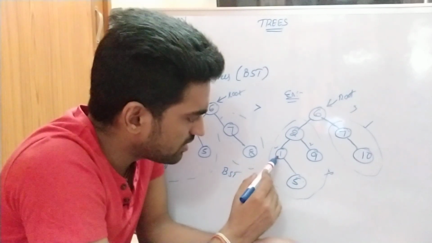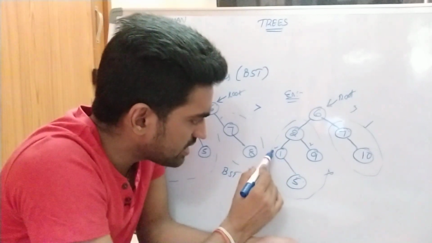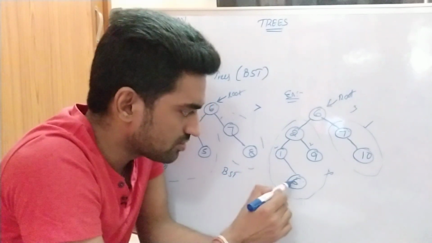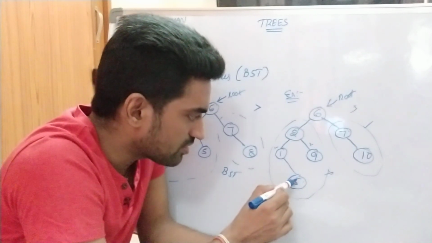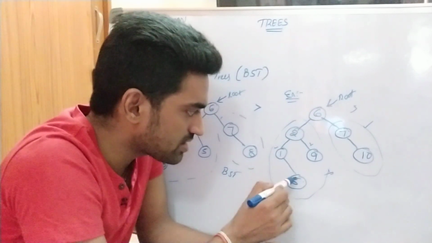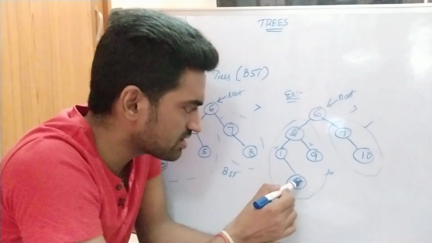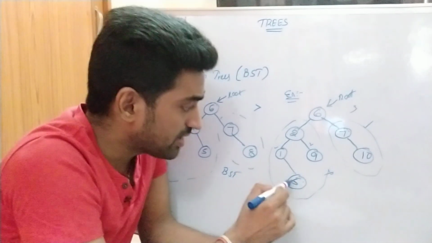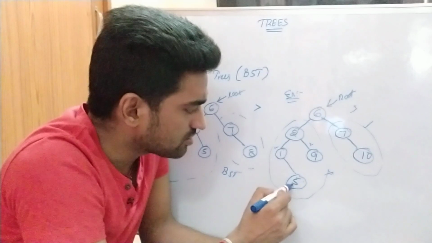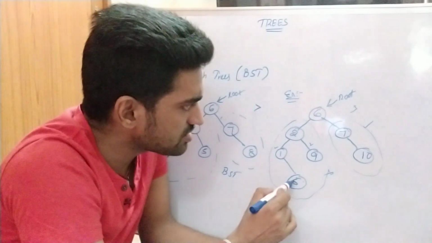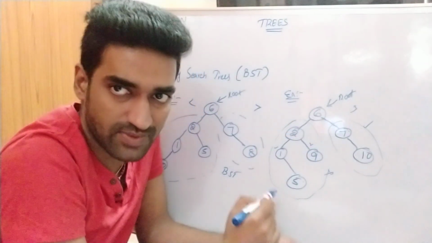As well as here for this subtree, 1 is the root node, and 5 is a greater value when compared to the root node, so we can place it at the rightmost position of this subtree. When compared to the root, this is a lesser value. This is a lesser value.